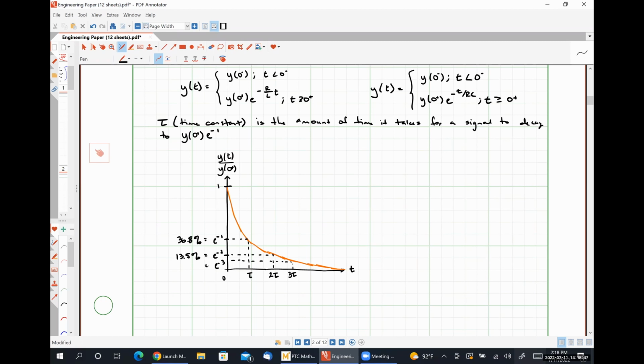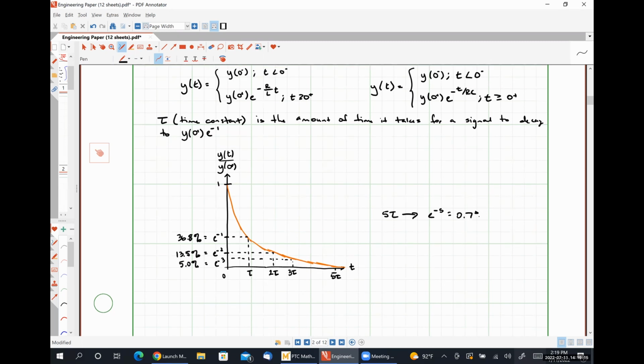This comes out to be 5%. And finally, way out here, at 5 tau, this would correspond to a value of e to the minus 5, which is 0.7%. 5 tau is effectively infinity for engineers.